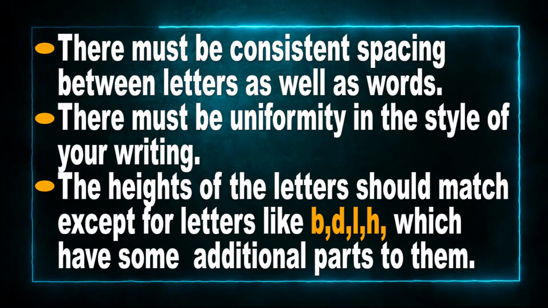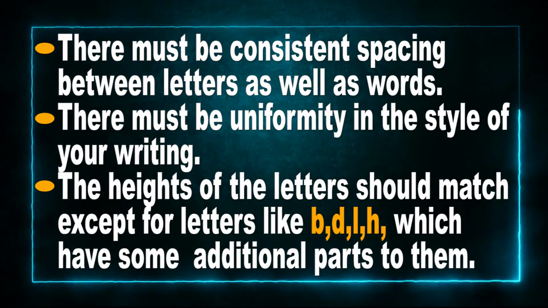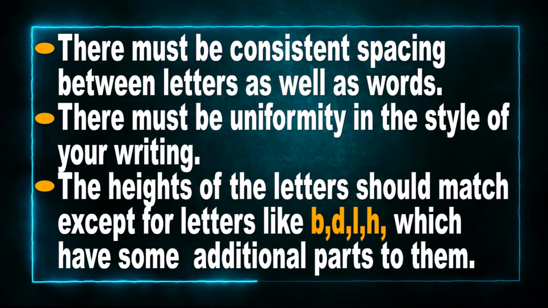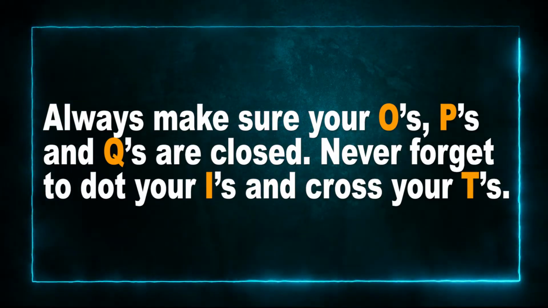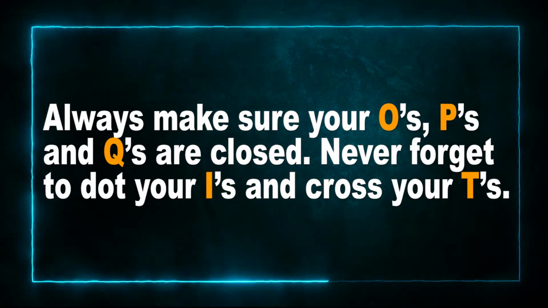The height of your letters should match, except for letters such as B, D, L, and H, which have some additional parts to them. Your letters and your words must also line up on the bottom of the line. Always make sure that your O's, P's, and Q's are closed, and never forget to dot your I's and your T's. With cursive writing, we learned that the letters are joined.